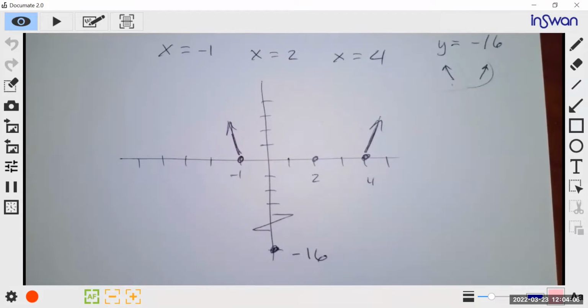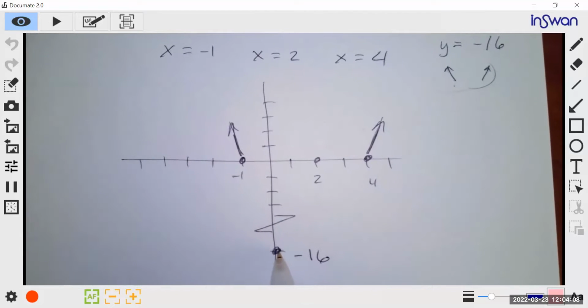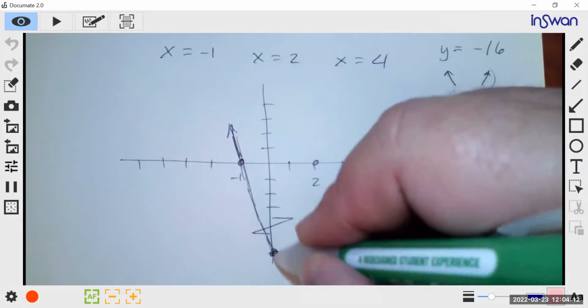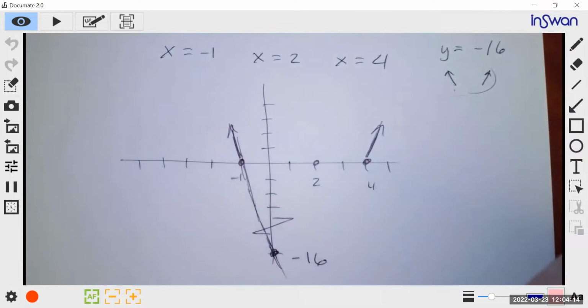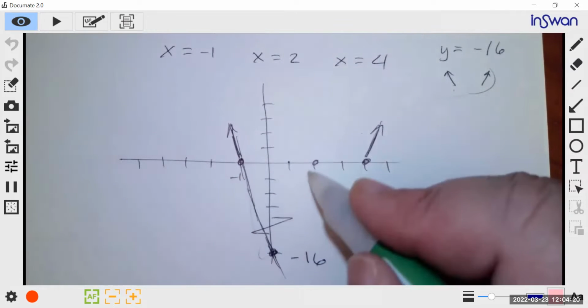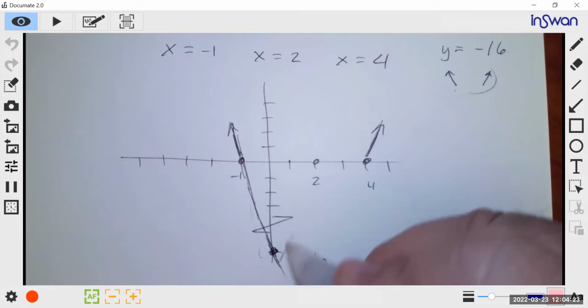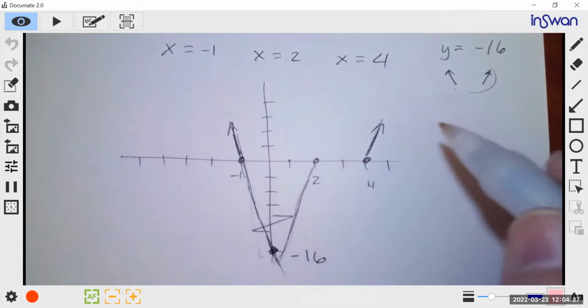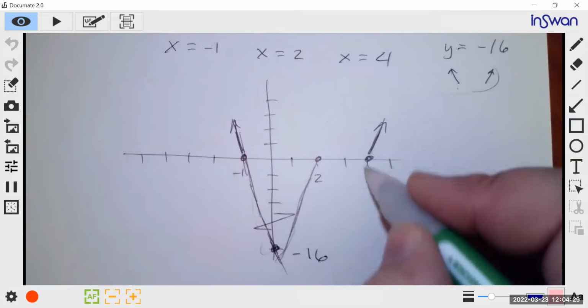What happens in the middle? We know we have a y-intercept there, so it has to go from here all the way, at least through that. Or it can go down and back up. But all we know is it has to go back up. And what happens at +2? Because remember, this one's going down.